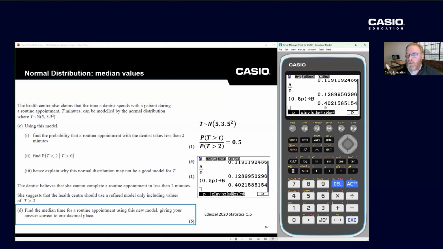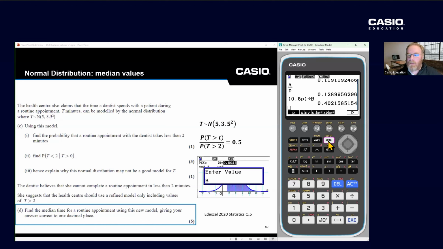See? So approximately 0.4. Okay, so 0.4 is equal to the probability that t is greater than t. I can then go back to distribution, normal, and I want right-hand side again, so I don't need to change the region. Doesn't really matter what the value of x is, or t in this case, but if I execute again, I can say, well, I need the probability to be that 0.4 to find the value of x.